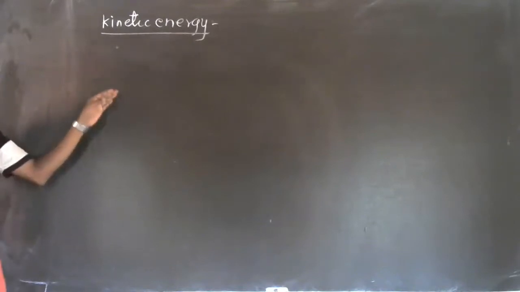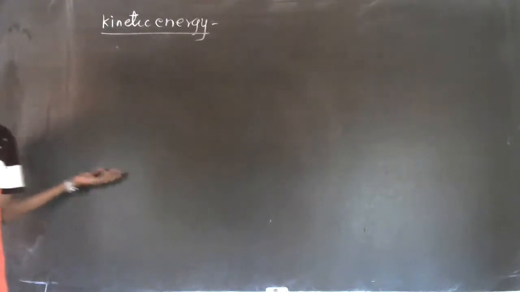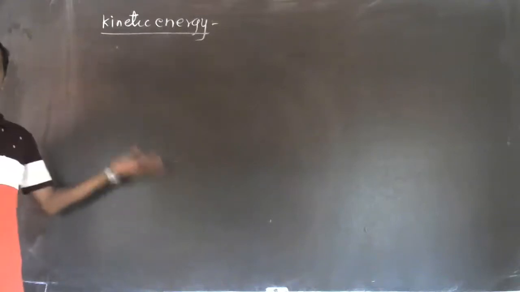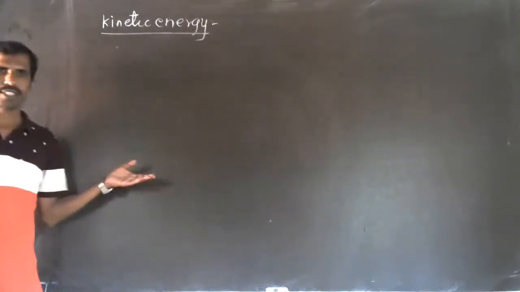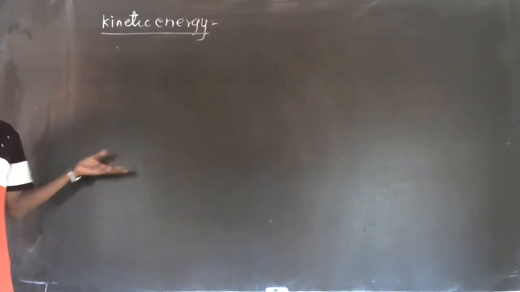We discussed whether work is positive, negative, or in some cases zero. The equation for work done is W is equal to F into S. The SI unit of work done is Newton meter or joules.